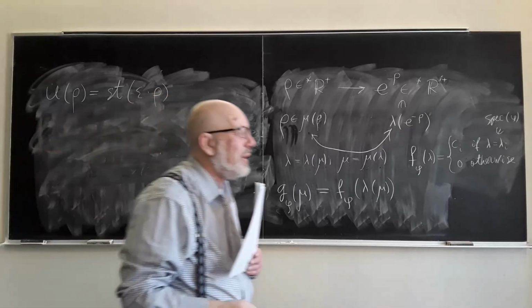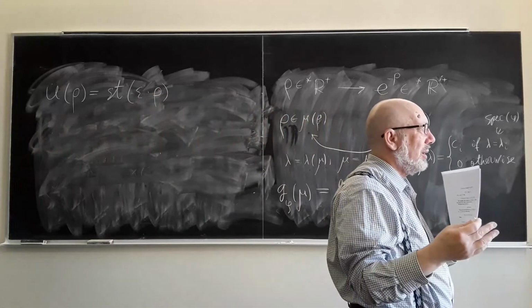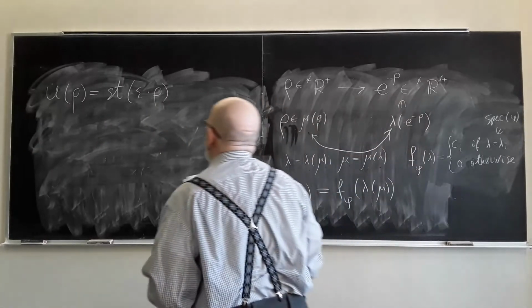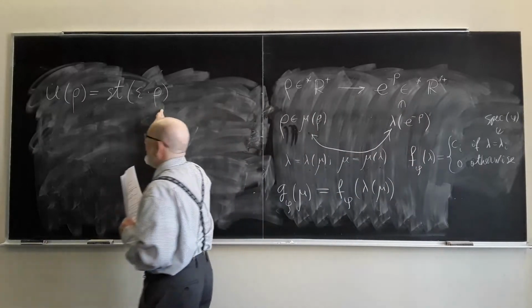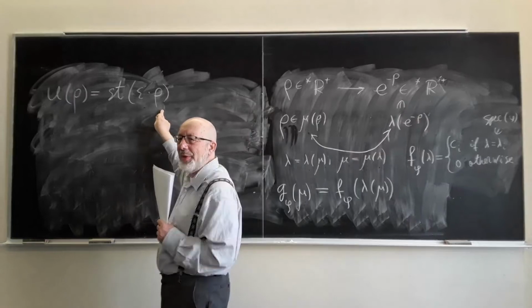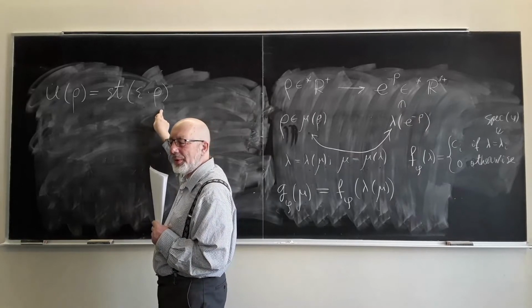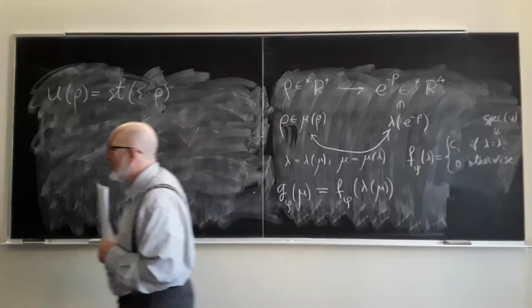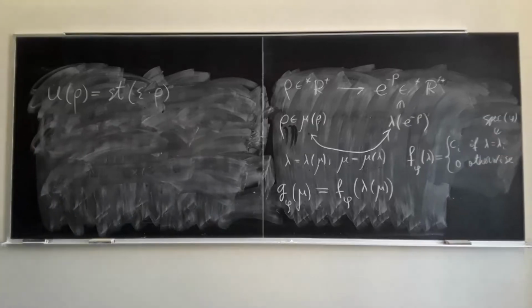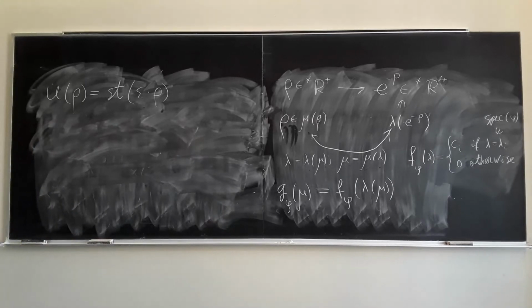Now, where is it defined? It is defined when epsilon times rho has a standard part. This means it is finite, bounded. If it is bounded, then we have this well-defined function. Otherwise, it is not defined.